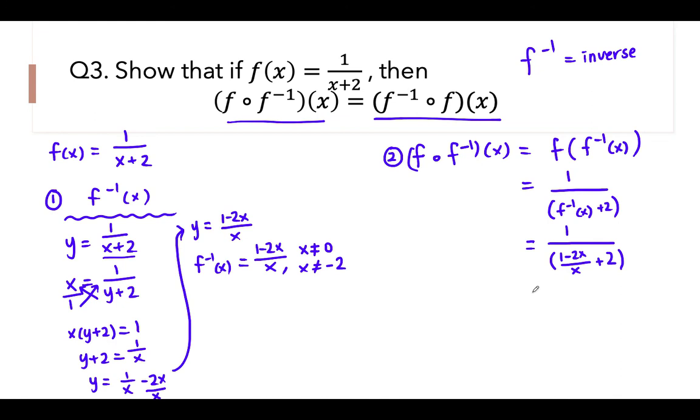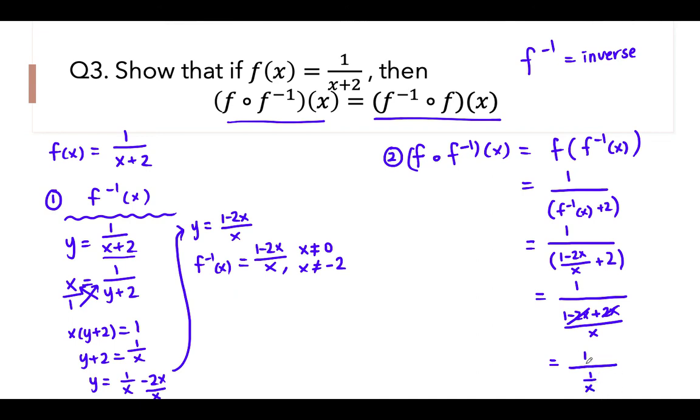Then I'm going to make the same denominator. So it's going to be 1 over 1 minus 2x plus 2x over x. And you'll notice that these two cancel out. So I get 1 over 1 over x.